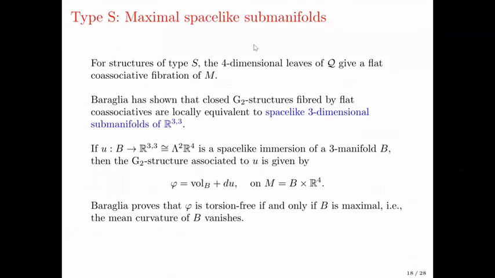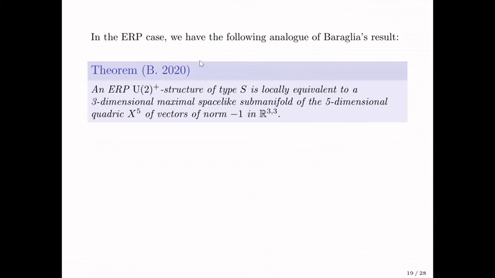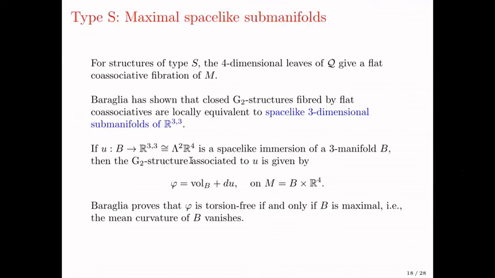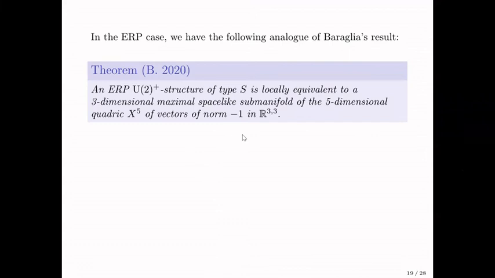Okay, so you can ask, well, that's what happened for torsion-free structures, but what happens for the ERP structures? So in the ERP case, you get an analog of Bryant's results. The analog is that instead of having a maximal submanifold of R3,3, you actually get a maximal submanifold of this quadric of vectors of norm -1 in this space.